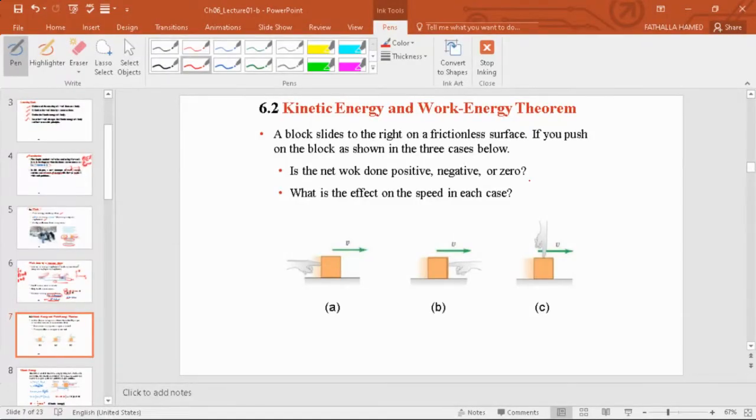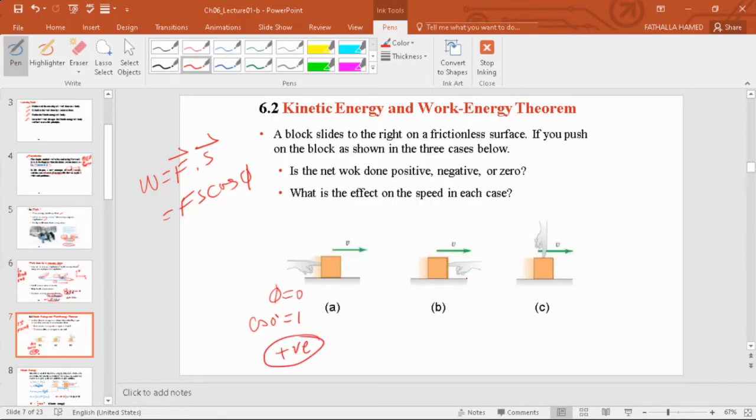Now, if we borrow our definition from the previous slide, where work is equal to F dot S, which is equal to F s cosine phi, then in A, you're moving in this direction and the force is in this direction, so the angle phi between the displacement and the force is 0, and cosine 0 is equal to 1. So definitely the work here is going to be positive.